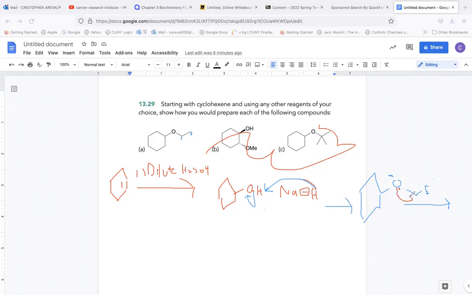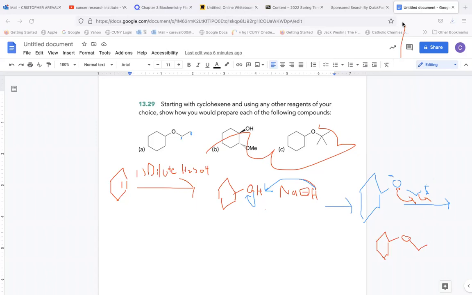It's gonna attack that carbon. It's gonna release that iodine. And then you get your final answer. Did that make sense? Whoever asked. All right, cool.